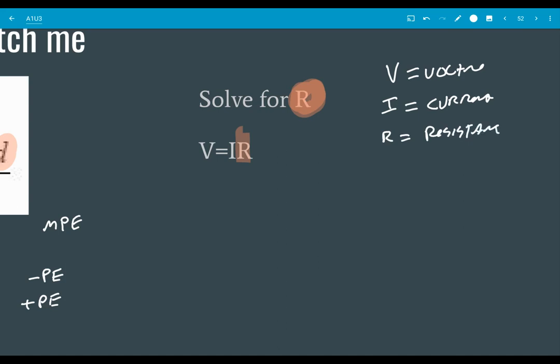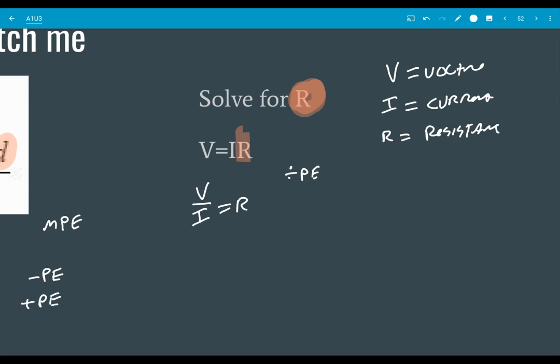So this is a specific relationship, and we want to solve for resistance. Let's say, for example, we know we are trying to solve for resistance, and we know V and I. So we can use the division property of equality and find out that V over I equals R.